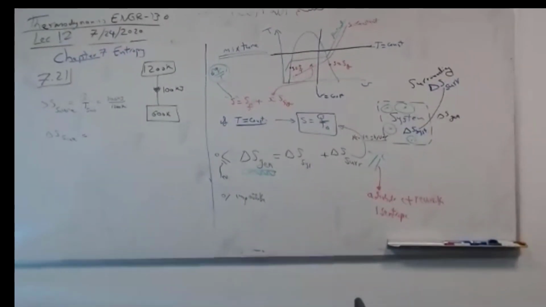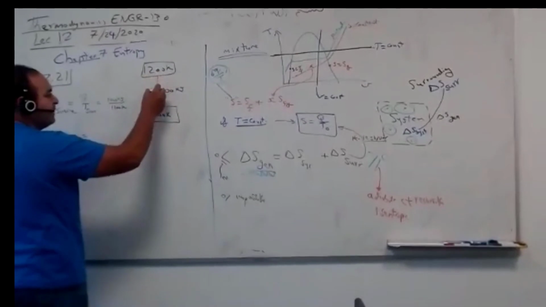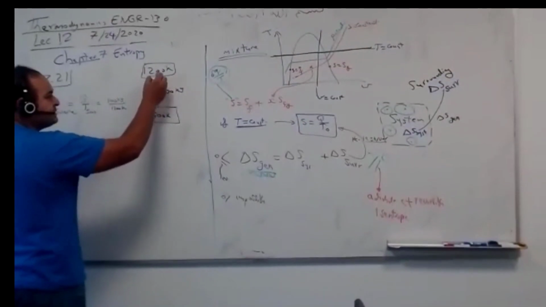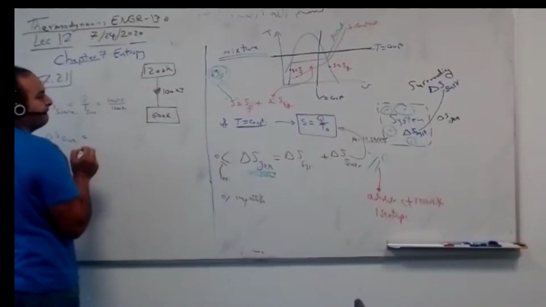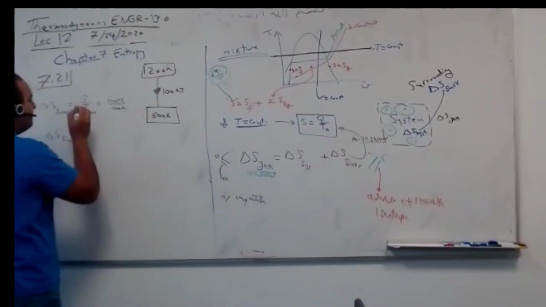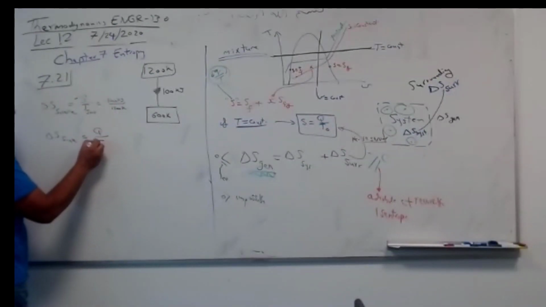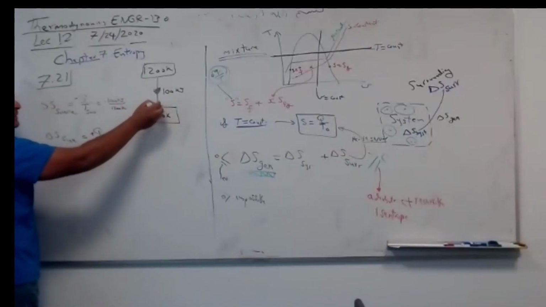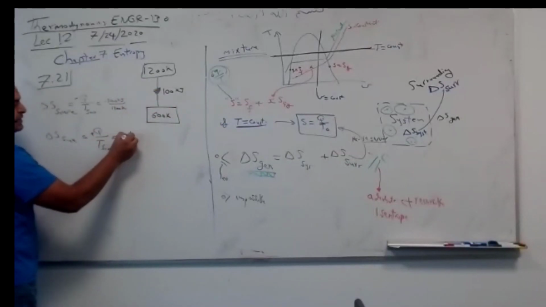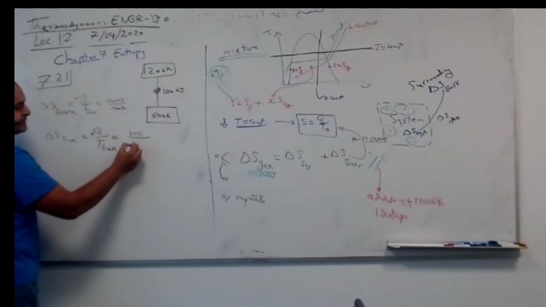This heat is leaving the system. It's leaving the system. Is it positive or negative? Negative. Perfect. This is negative. But here it's the same Q but positive. Why positive? Because it's added to the system. Heat addition is positive. So here it's 100 over T sink, which is 600.